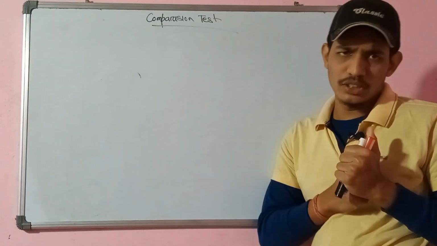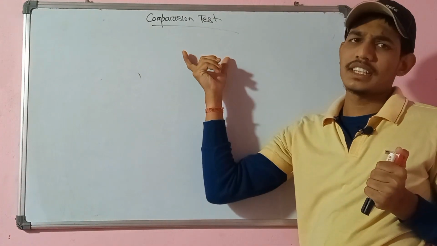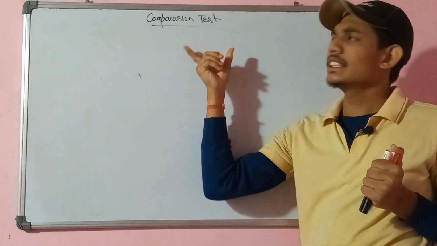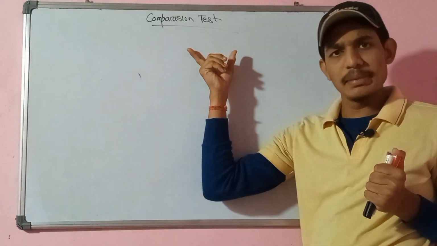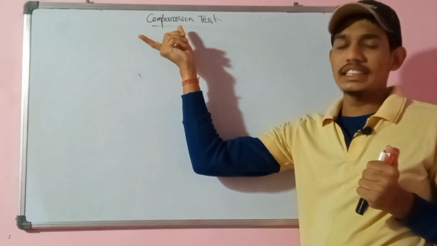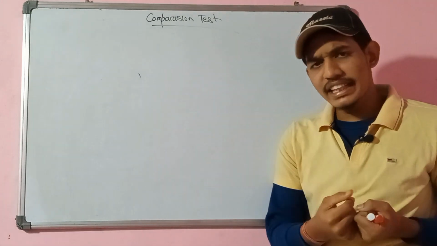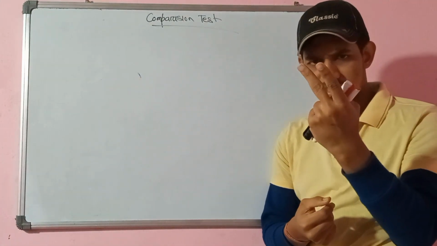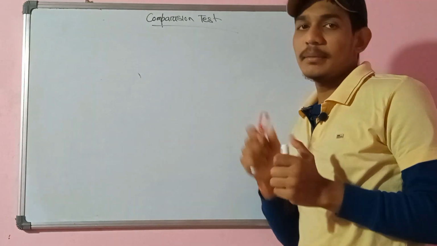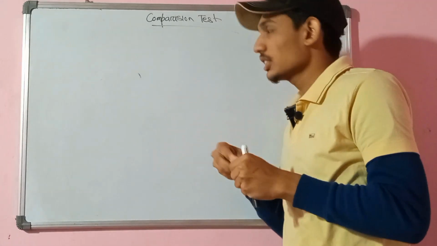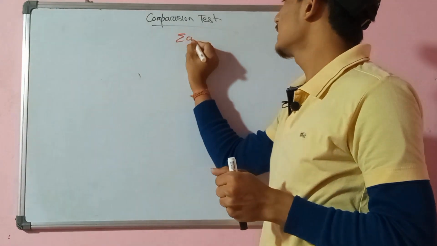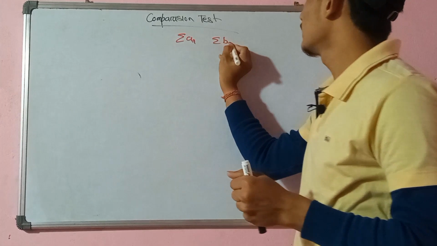The similar case here also. Here I have to test the convergentness or divergentness of a series. As the name suggests, it is comparison. How many series do I need? At least two series, and there must be some relation between them. Suppose aₙ is a series and bₙ is a series.